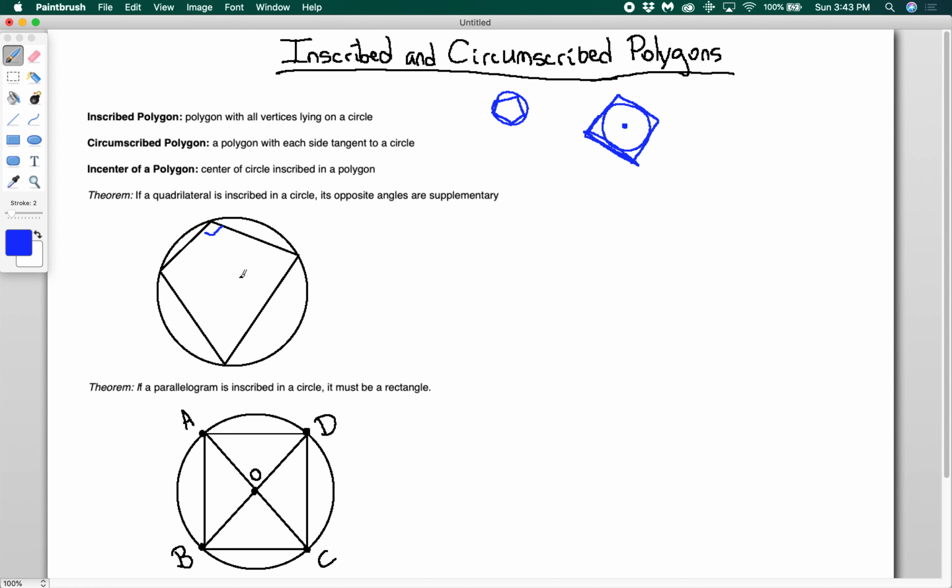So if we look at this angle, the opposite angle is this angle here. This angle intercepts this arc, and this angle intercepts this arc, right?